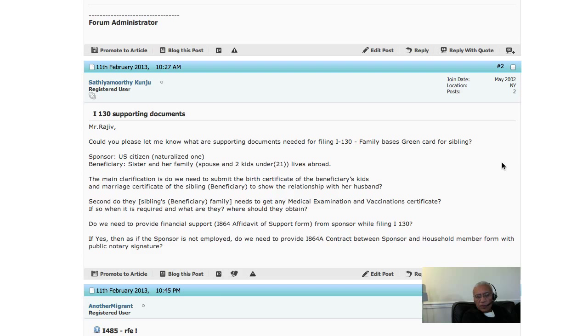Eventually, their spouse and their under 21 children will automatically come with them. There is some process involved there. But you don't need your siblings' children's birth certificate, your siblings' marriage certificate is not needed. Okay? And medicals and all that will happen much later, 13 years from now.